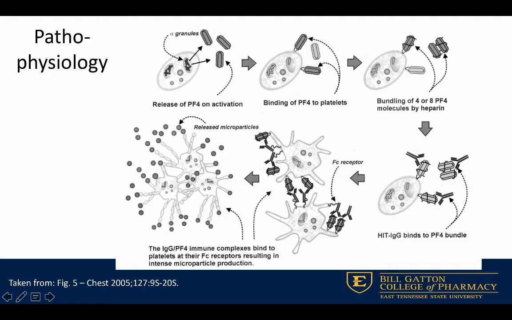If you go to the next step, and move to the bottom, what you'll see here are these platelet factor 4 complexes that are cross-linked or bound to antibodies to heparin platelet factor 4 complexes. So when we talk about a HIT antibody, a heparin-induced thrombocytopenia antibody, what we're talking about is an antibody that is targeted to platelet factor 4 and platelet factor 4 heparin bundles.